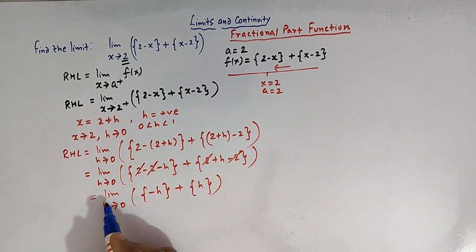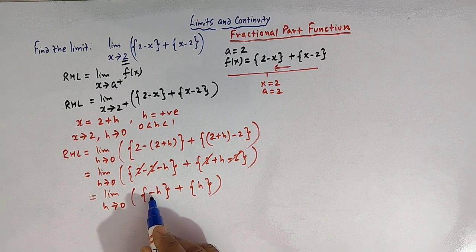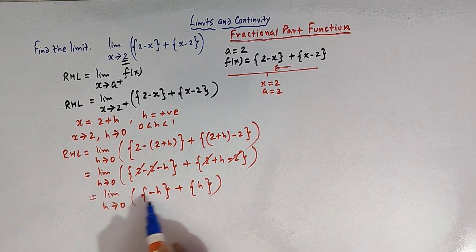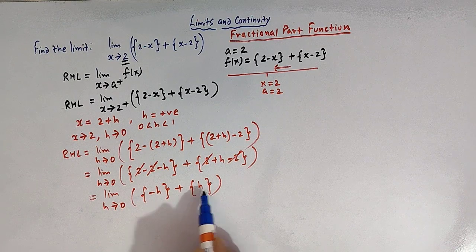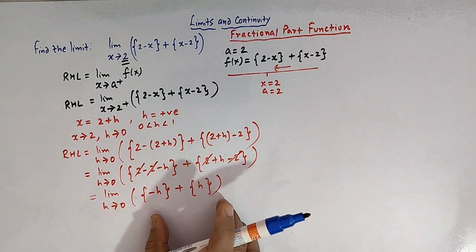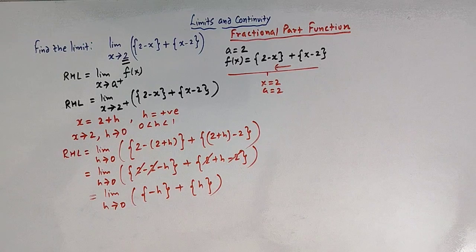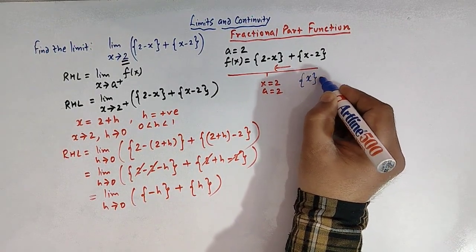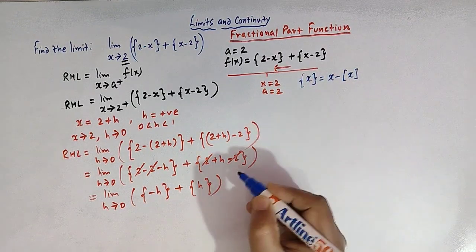So now here we have a limit h tends to 0 of the fractional part of minus h plus fractional part of h, right? And remember, here we cannot directly substitute h is equal to 0, right? So what we will do here, we'll make use of the definition of fractional part function. Now we know that the fractional part of say x is defined as x minus greatest integer of x, right?